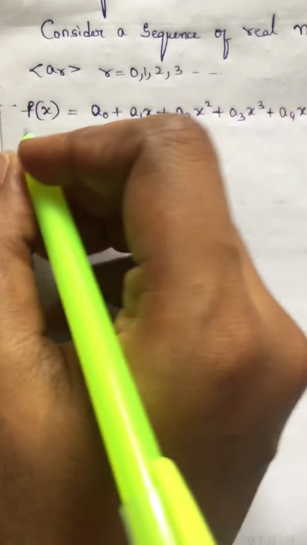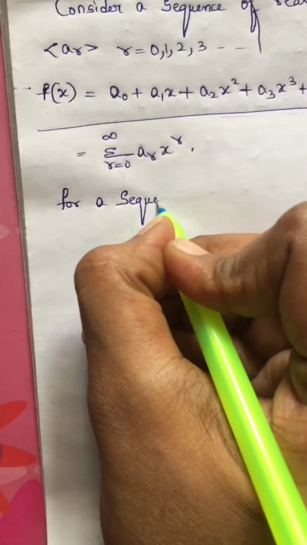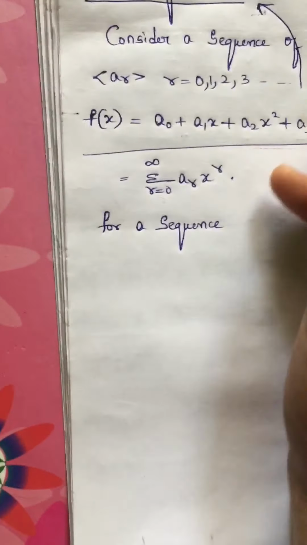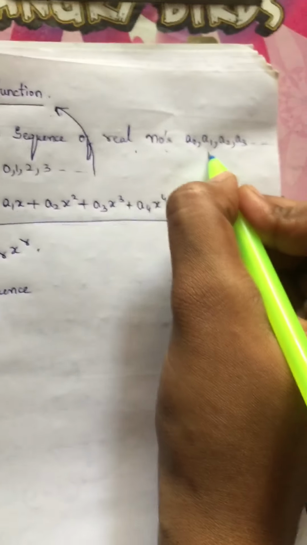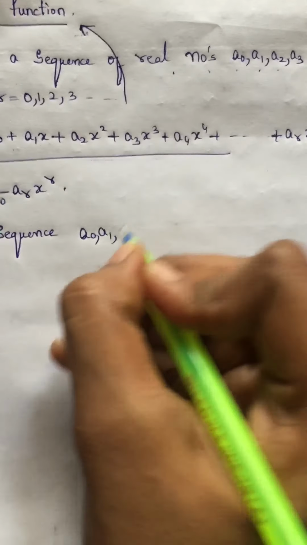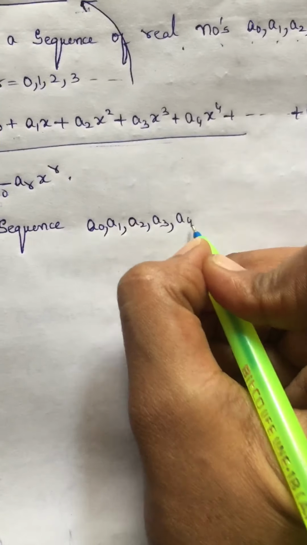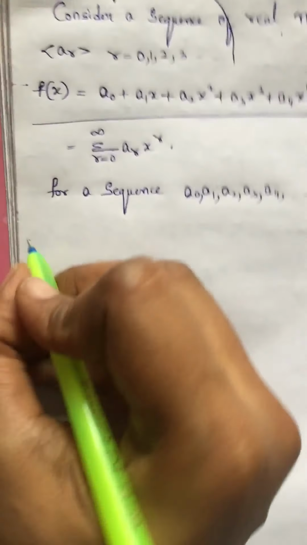This f of x expansion is called the generating function for the sequence of real numbers a0, a1, a2, a3, a4 and so on up to infinity.